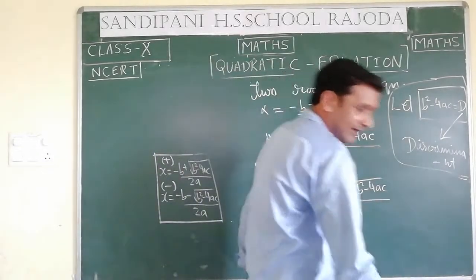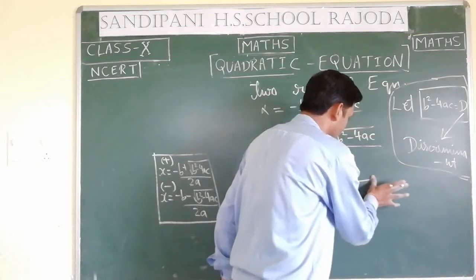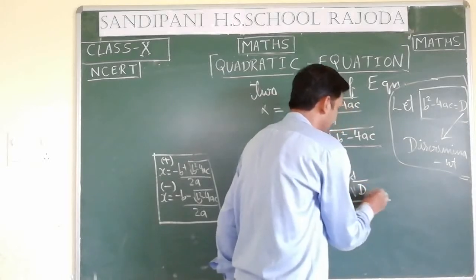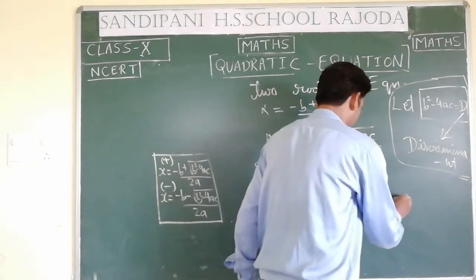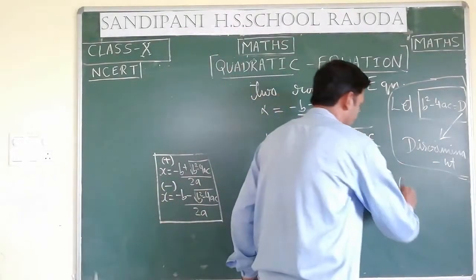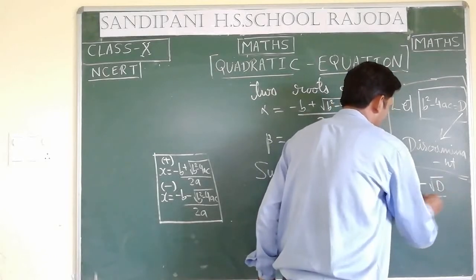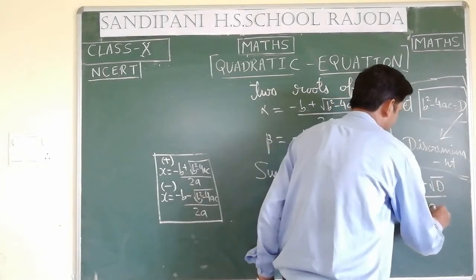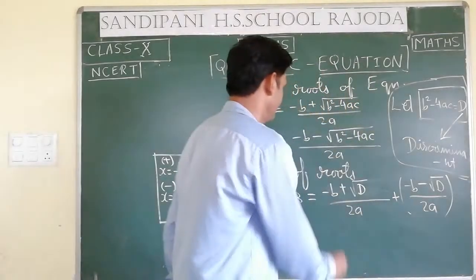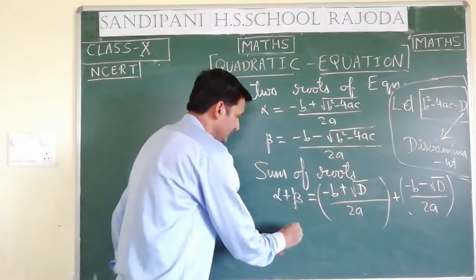So alpha plus beta is equal to minus b plus root b square minus 4ac upon 2a. We may write D in place of b square minus 4ac, so it will be root D, and beta means this value, minus b minus root D upon 2a. Now we may take the LCM of the RHS.